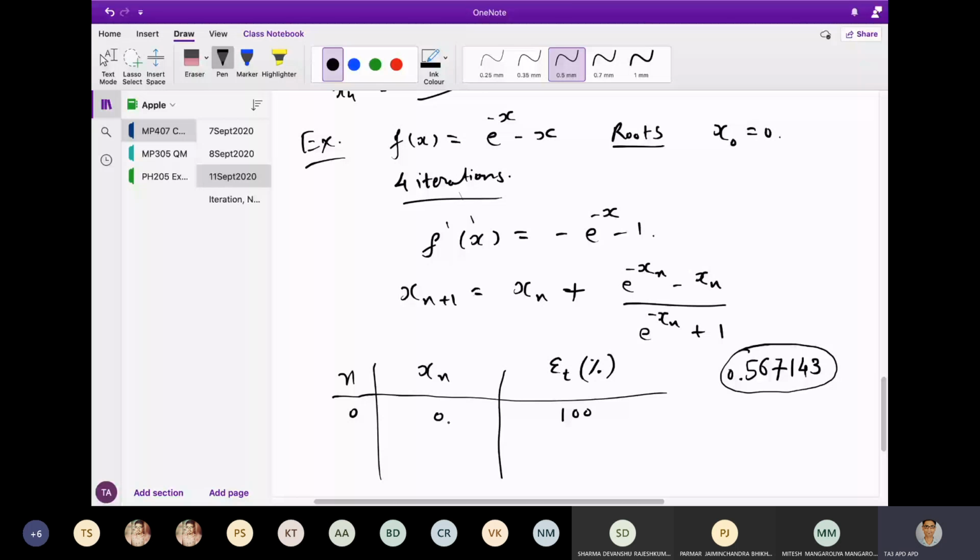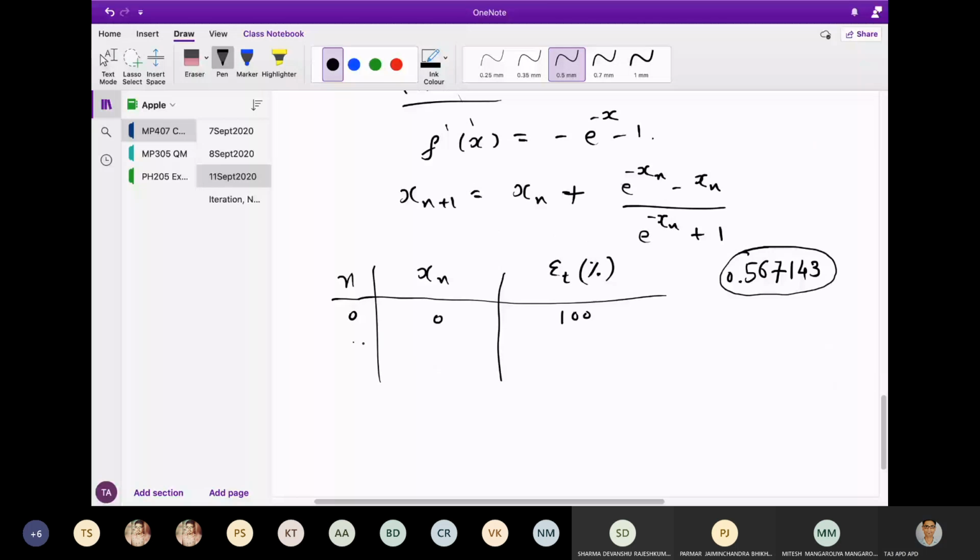Then for second order iteration, I mean first iteration actually, because this is the initial guess. So for first iteration, so tell me the value what you are getting for 6 digits. Point 5.